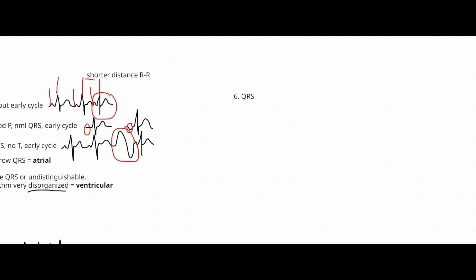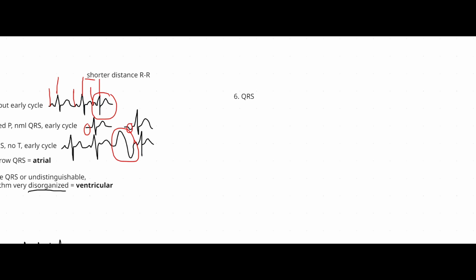If it's narrow, you don't call it ventricular, not a ventricular rhythm, possibly atrial, possibly sinus, atrial, or junctional, but not ventricular. Okay, and then you will use the last name, which is the Brady, tachycardia, or normal, right?